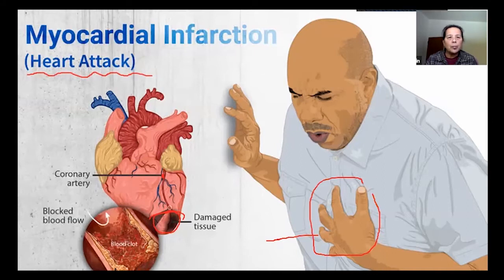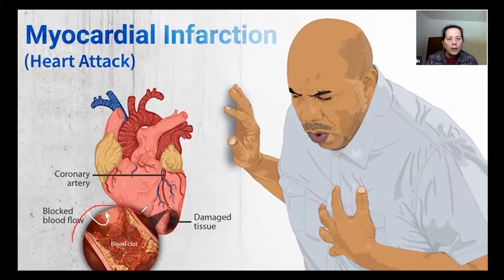You can see the picture here. This is the coronary artery, enlarged from here. You can see it's totally blocked inside by blood clots.